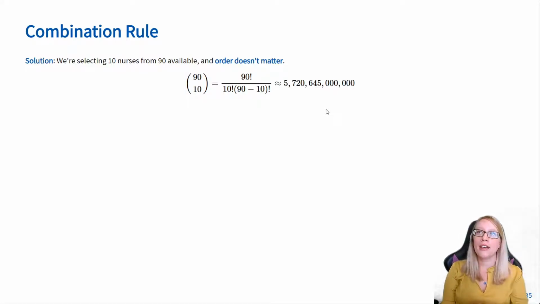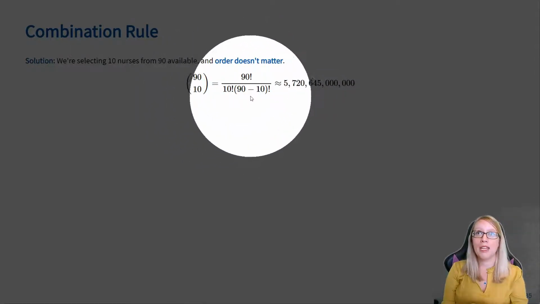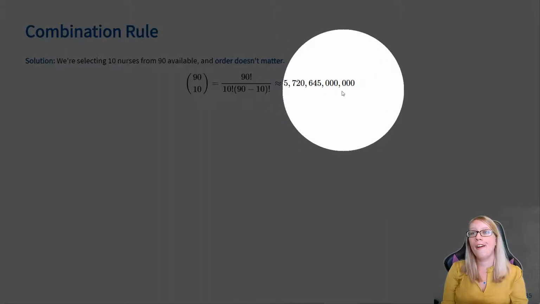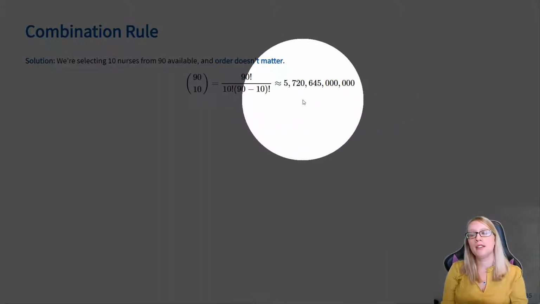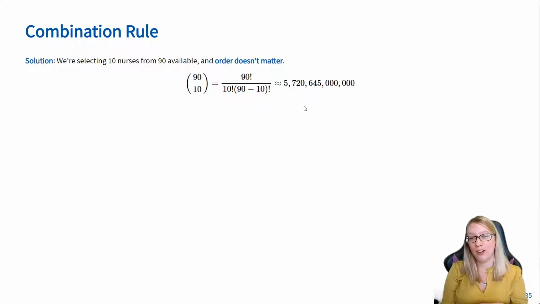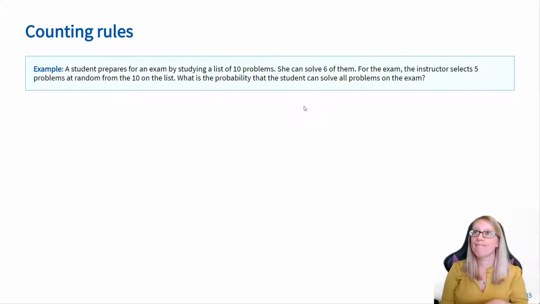So we'll calculate 90 choose 10, which is 90 factorial divided by 10 factorial times 80 factorial. There are roughly 5 times 10 to the 12th different combinations. So there are a lot of ways we could select this sample. In R, we'll calculate these combinations using choose.